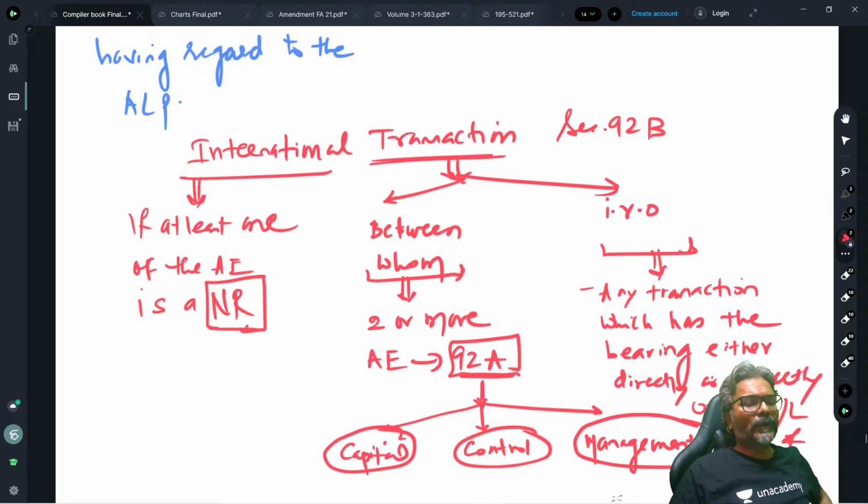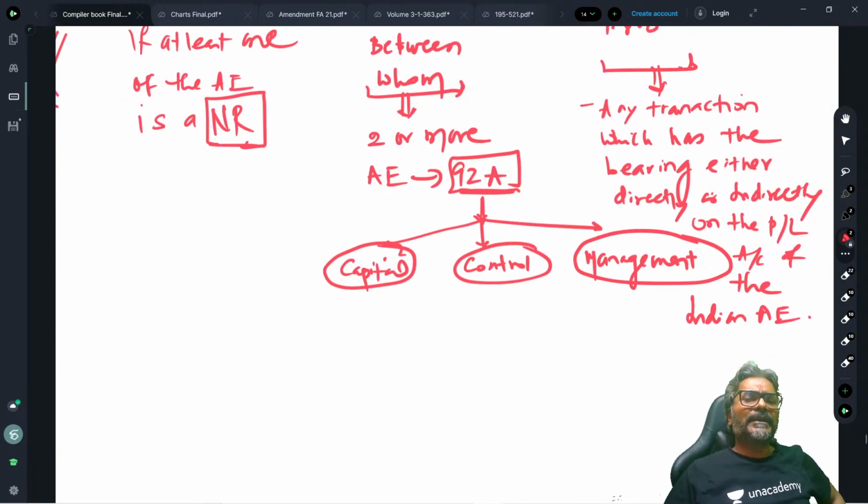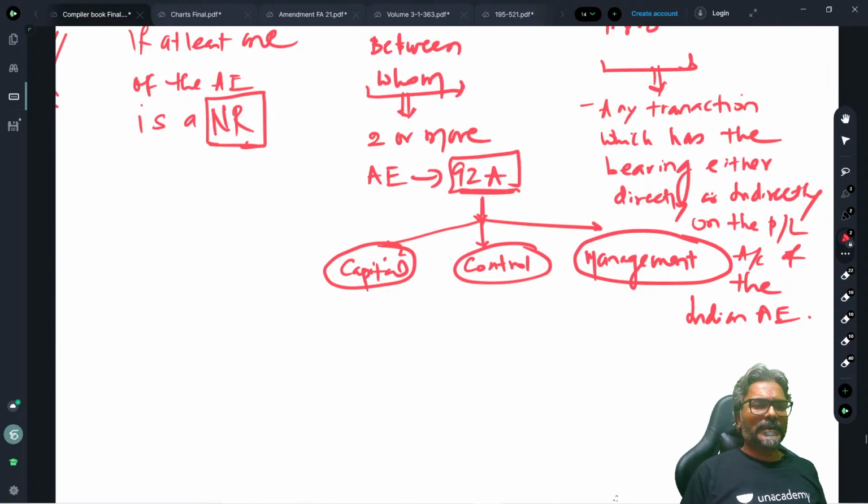And what constitutes an international transaction? I have already told you. The transaction should be between two or more A, and should be in respect of any transaction which has the bearing either directly or indirectly on the profit and loss account of the Indian A. I hope that every one of you is clear with this proposition.